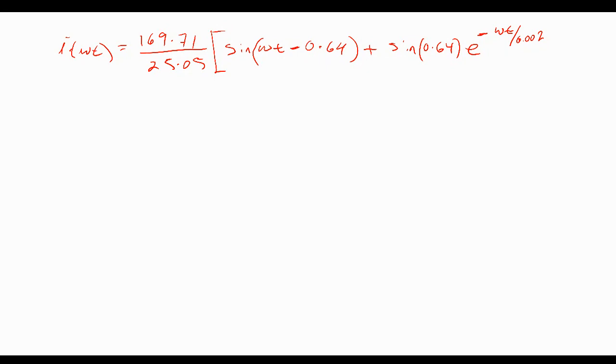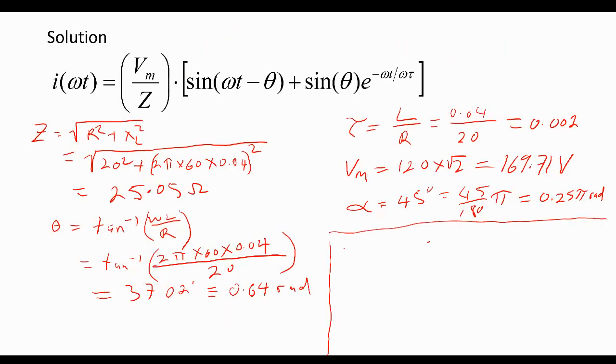I think right here, I think there's an error up here. The error is from up here, top. I really should have written this out in a format where we have omega t minus theta minus sine of alpha minus theta.